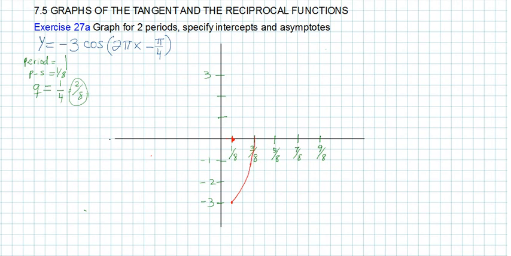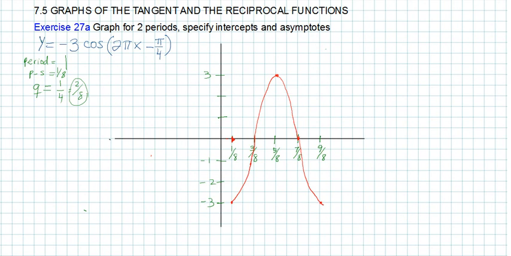My first quarter. Then my second quarter is actually my amplitude. So I'm going to go to my amplitude. Go this way. The next quarter is my x-intercept. And my last quarter goes to the amplitude again. And I have a weird looking bell. So that's one period.